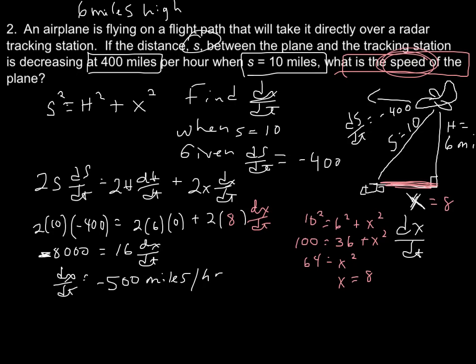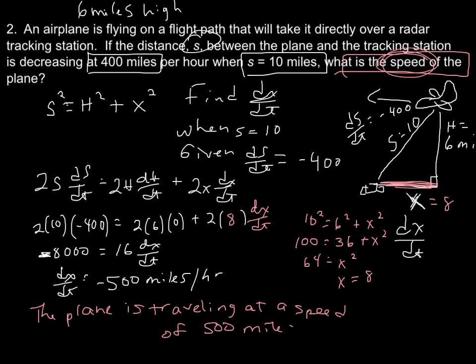So what we would then say is the plane is traveling at a speed of 500 miles per hour. Okay, and you've shown me the calculus, which gives me the velocity, so you're going to get a point for that.